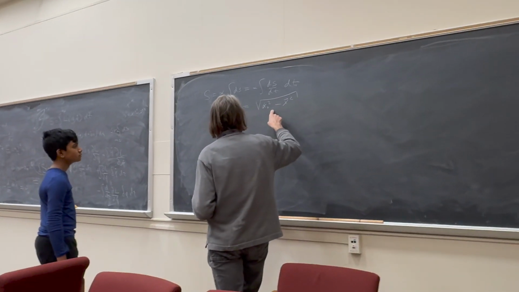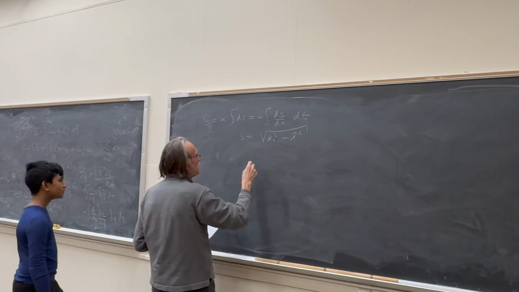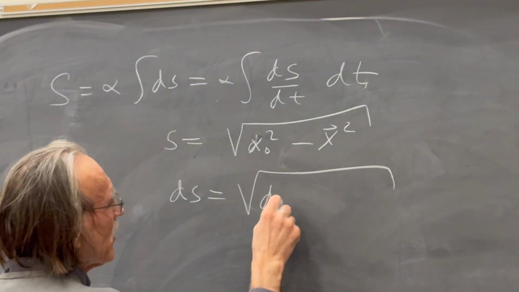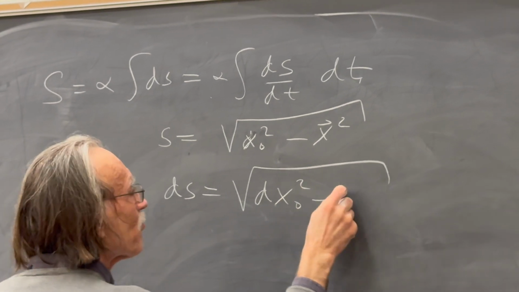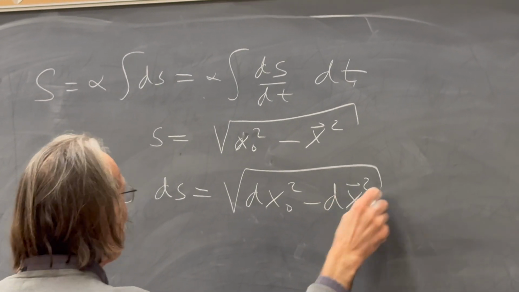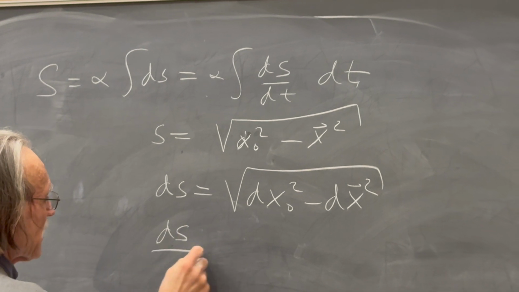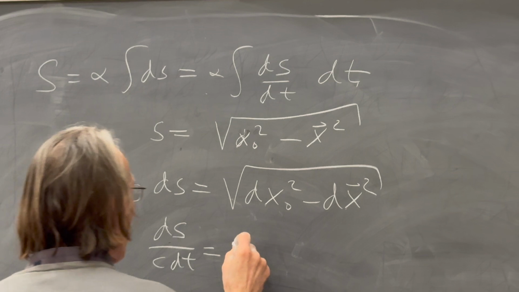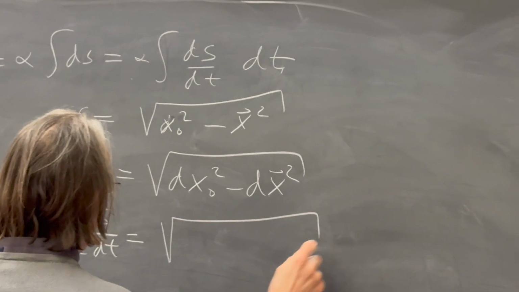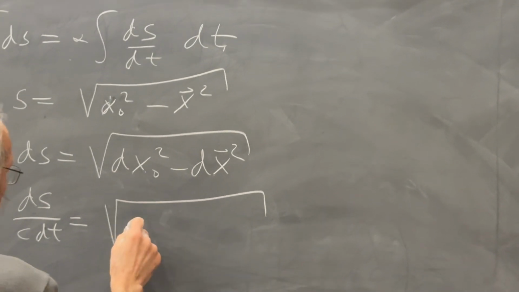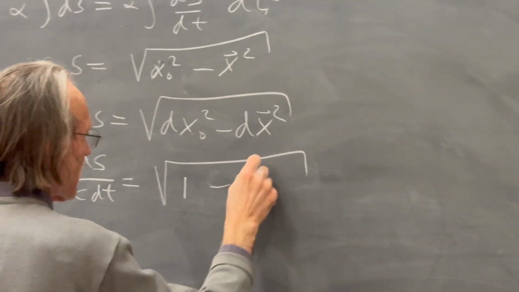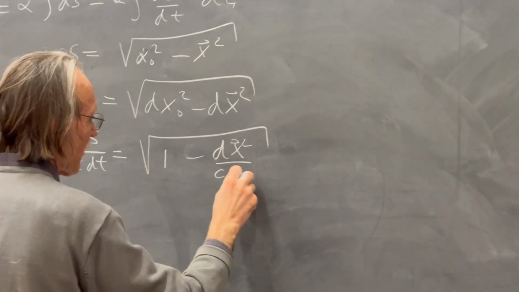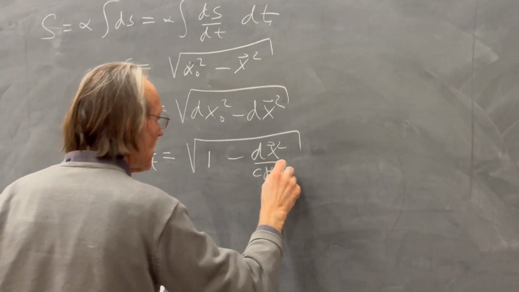This was s. So, and ds is the square root of dx0 squared minus dx squared. So ds divided by c dt, that is dx0, is the square root of 1 minus dx over c dt squared.